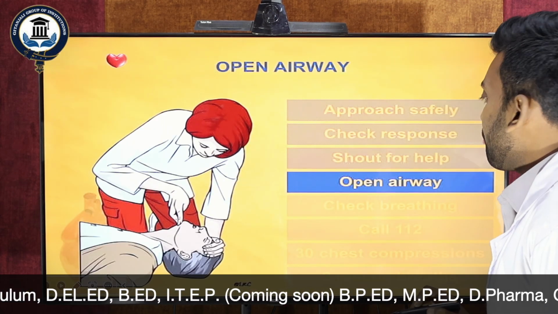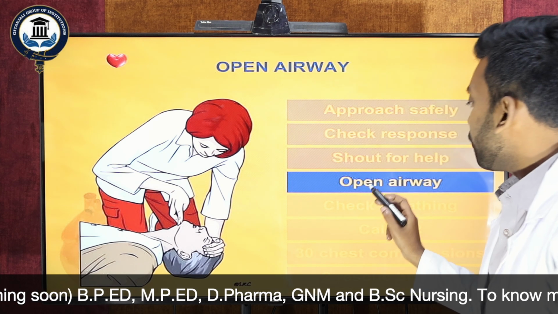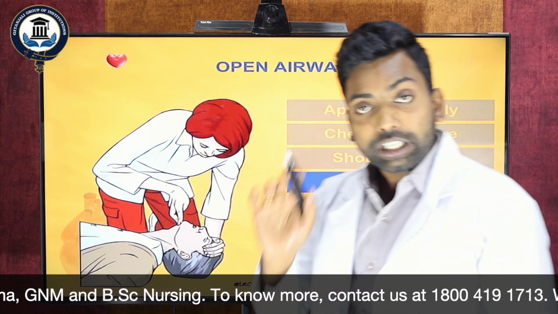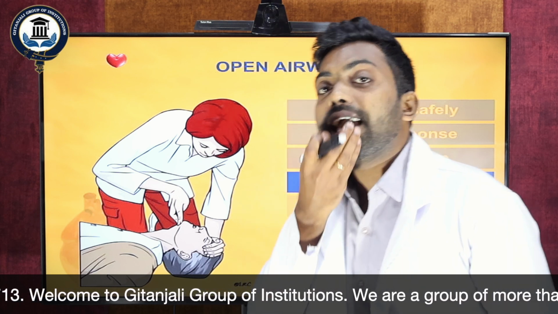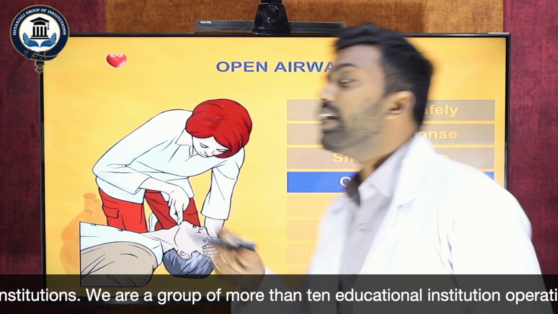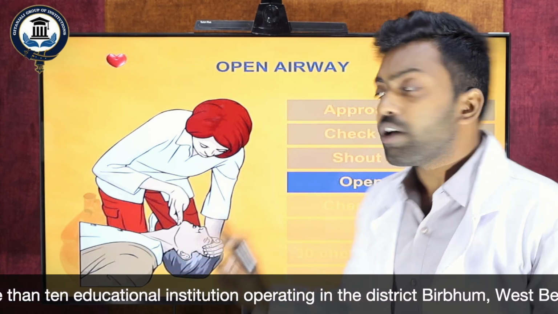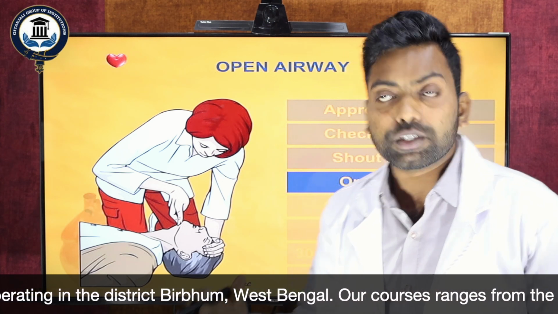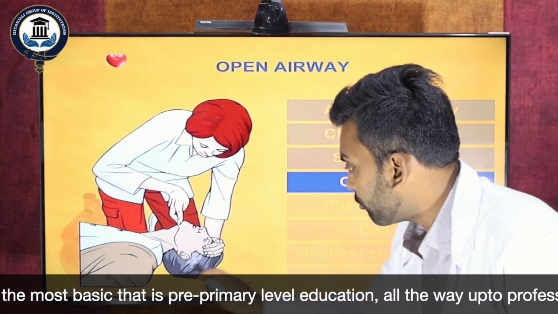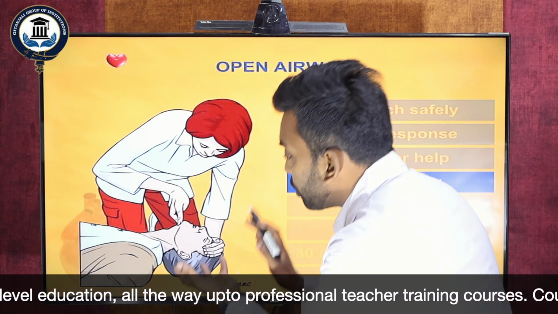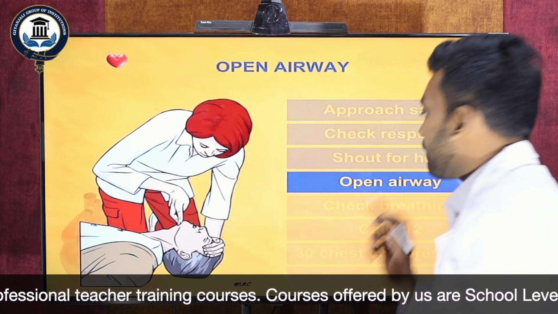And next, after shouting, you can go for opening the airway. While I was explaining the purpose of CPR, I explained the airway must be clear. When the person is unconscious, not responding, or unstable, and the patient is on a flat surface, this is the way you observe the airway.